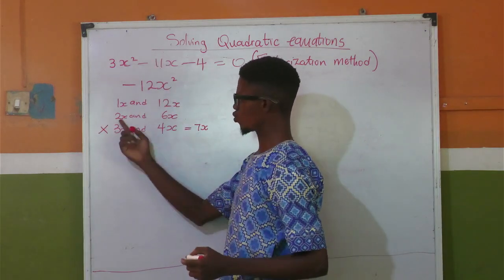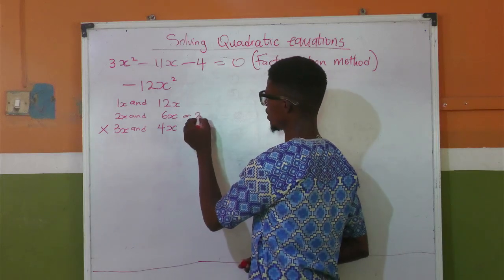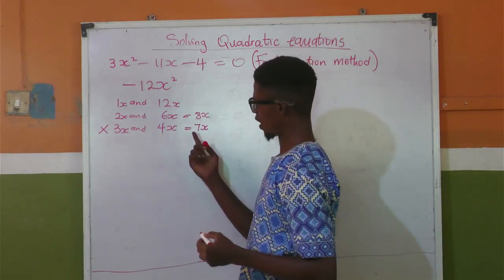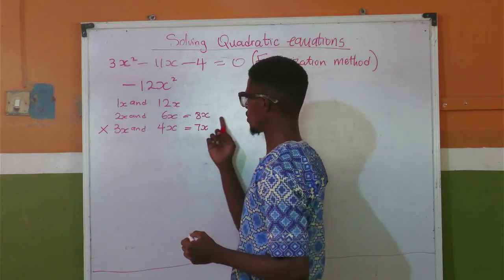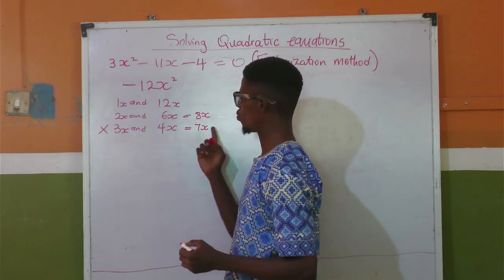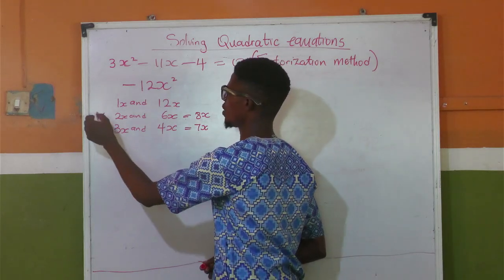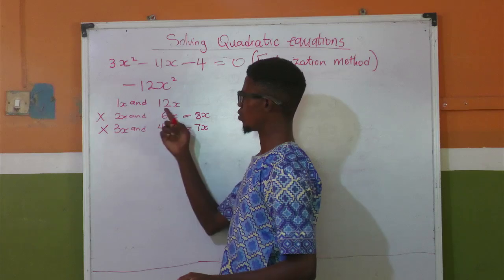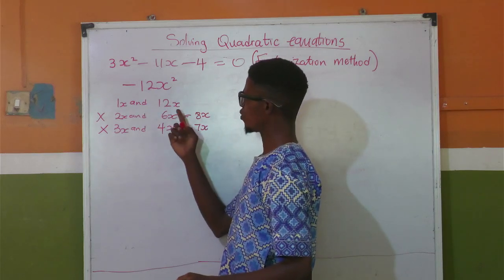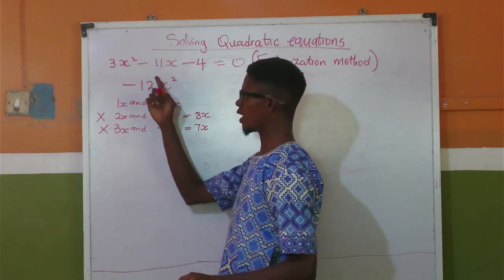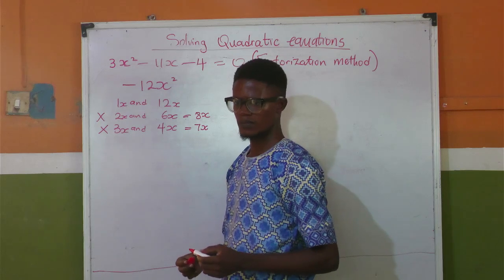If you do 6 plus 2, what you have is 8x. Or even if you do 6 minus 2, you end up with 4. If you do 4 minus 3, you end up with 1. So these do not meet up with the criteria. Now if I do 1 plus 12, I'm going to get 13. But if I do 1 minus 12, I will get minus 11. Can you see that now?